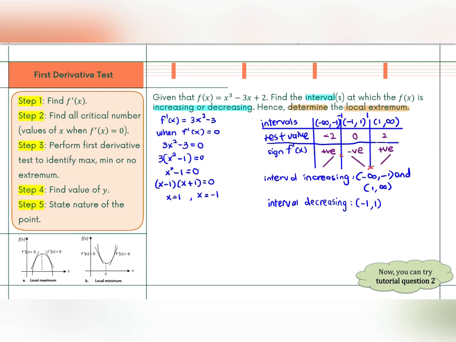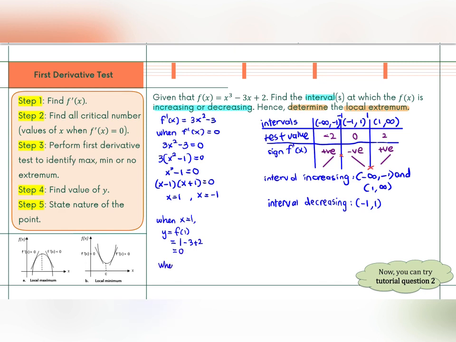Okay. Now, hence, determine the local extremum. So, actually, we already know that negative 1 is a maximum point and 1 will be the minimum value. Minimum number lah. So, kita perlu cari dia punya value of y. So, when x equals to 1, y is equals to f of 1. So gantikan, kita ada 1 cube minus 3 plus 2. 1 tambah 2, 3. So saya dapat kosong.